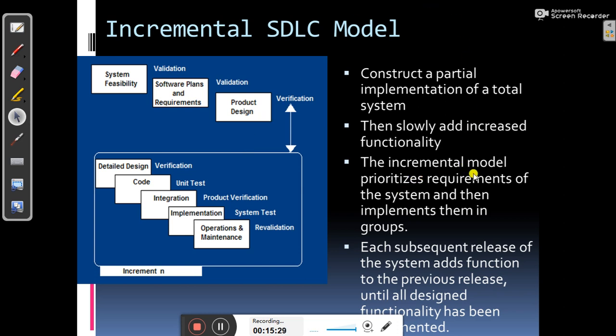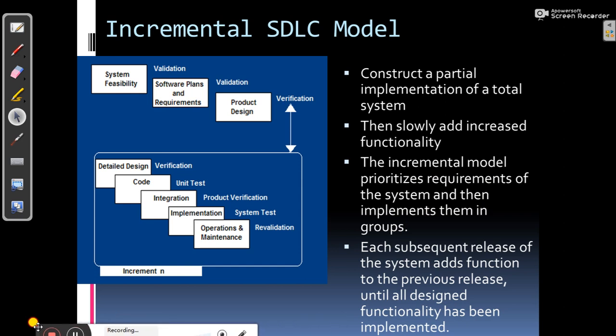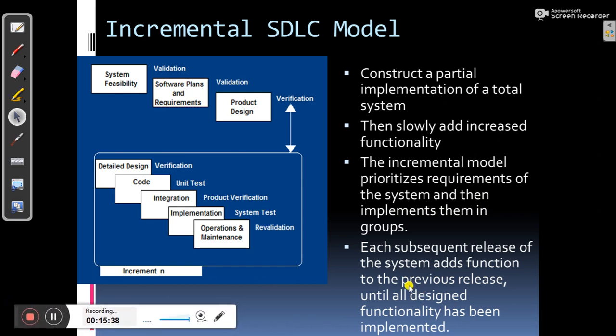The incremental model prioritizes requirements of the system and then implements them in groups. Each subsequent release of the system adds functions to the previous release until all designed functionality has been implemented. So for every release, they try to add new functionality until they completely design the whole system.